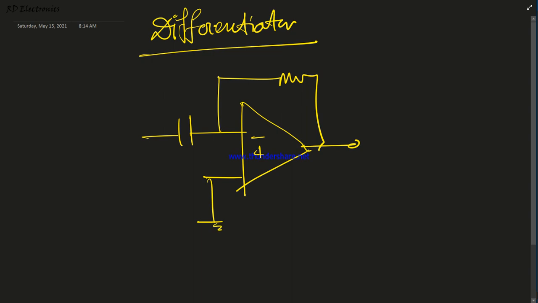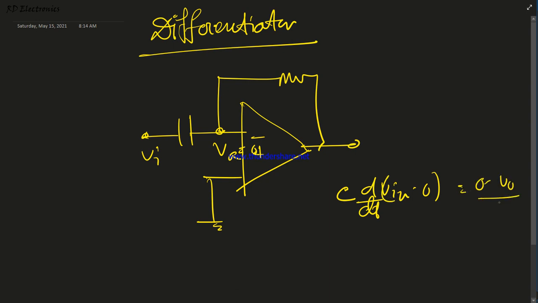According to the theory, this is a virtual ground. The potential at that point is 0. This is V input. So now the input current is C d(Vin minus 0)/dt. Why minus 0? Because this is virtual ground. It equals 0 minus V0 by R. This resistance is equal to R.